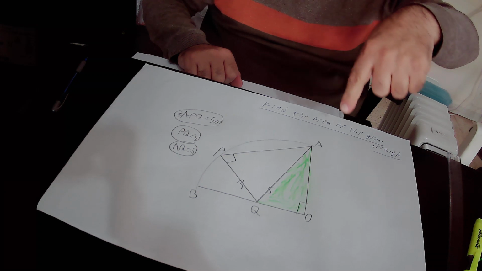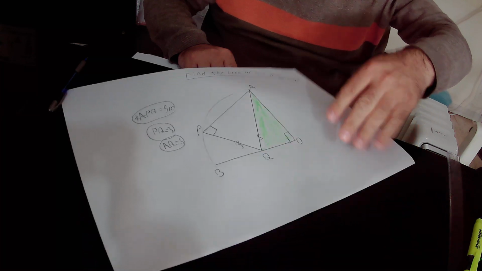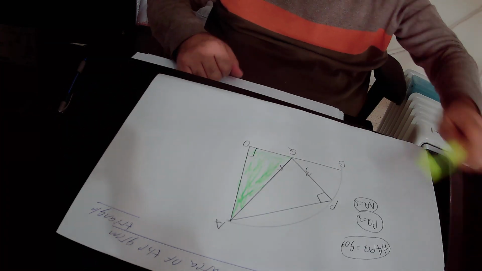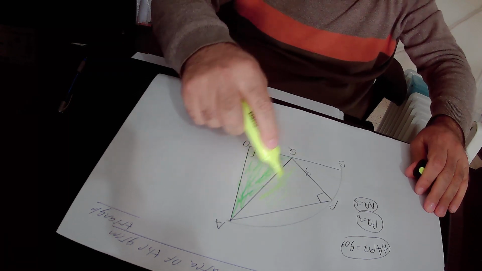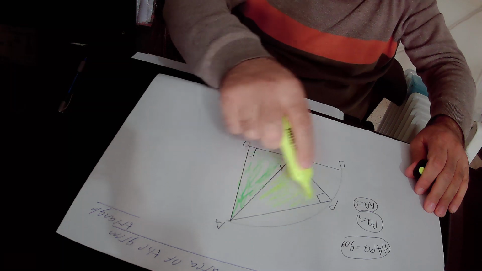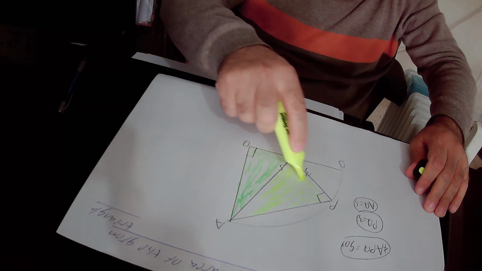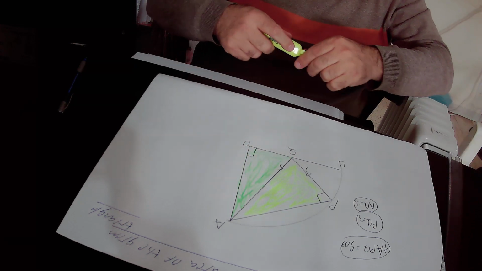So first of all we focus on the right yellow triangle APQ, and we'll implement on this right triangle the Pythagoras theorem.